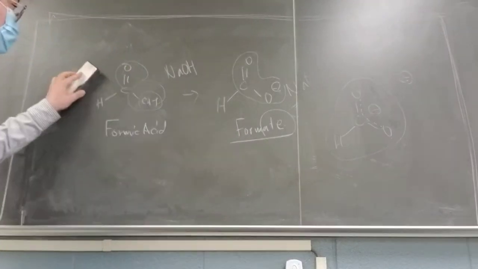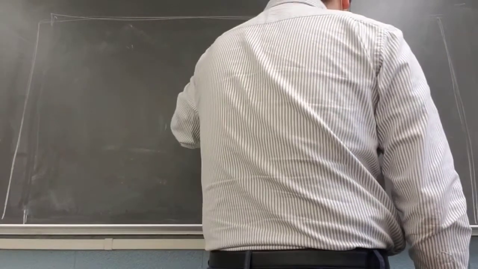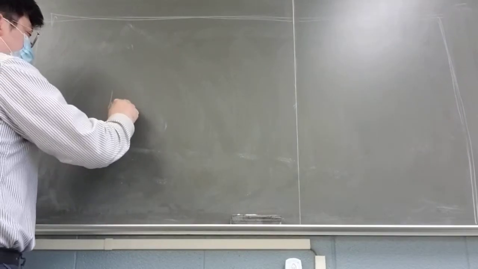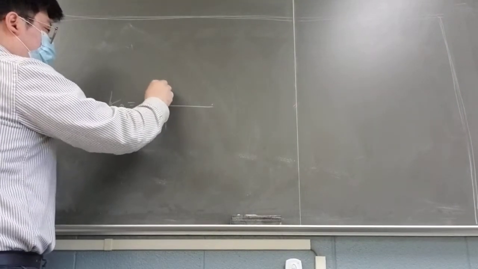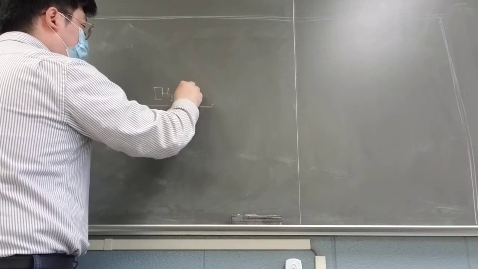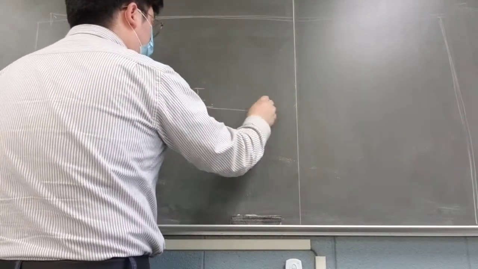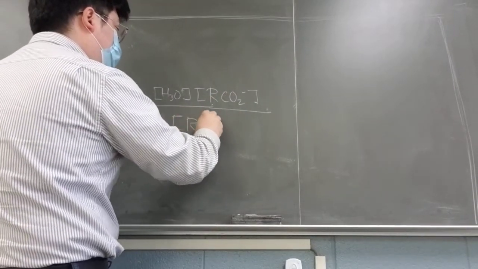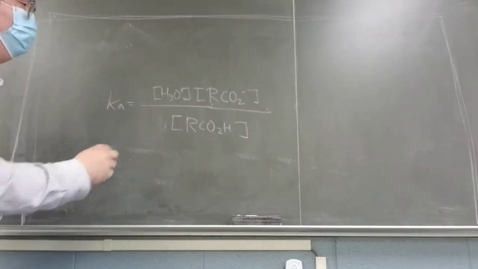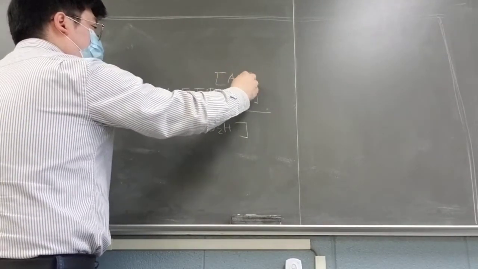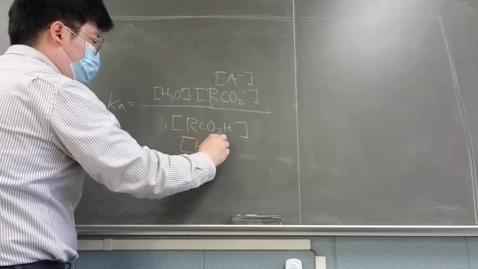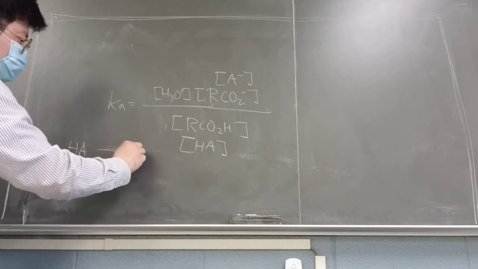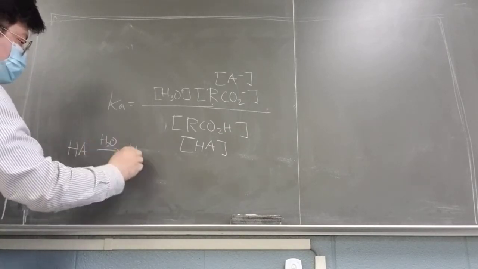So what you normally use is Ka, which is this one. In this case, this is the A minus form, and this is HA. For your weak acid, you can do this; there's water there.